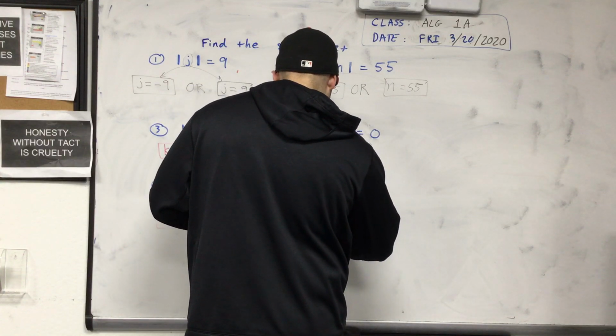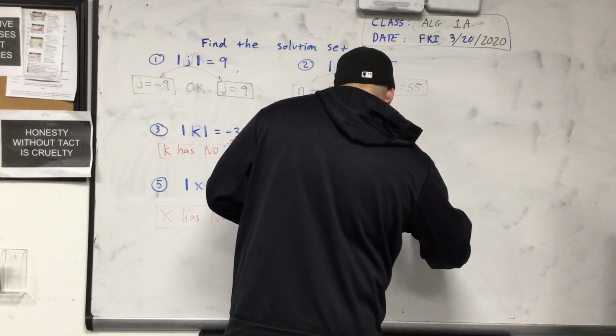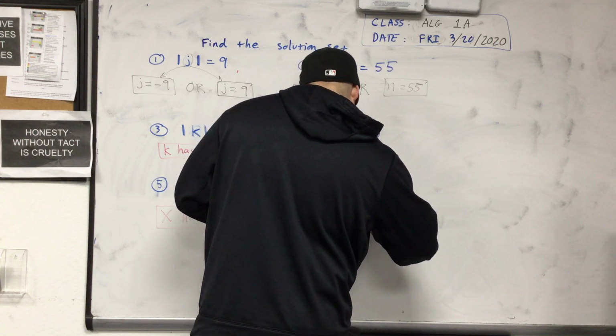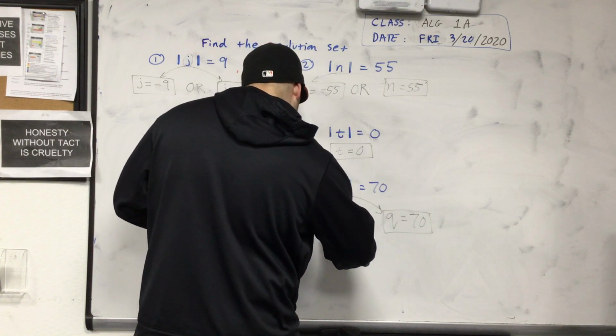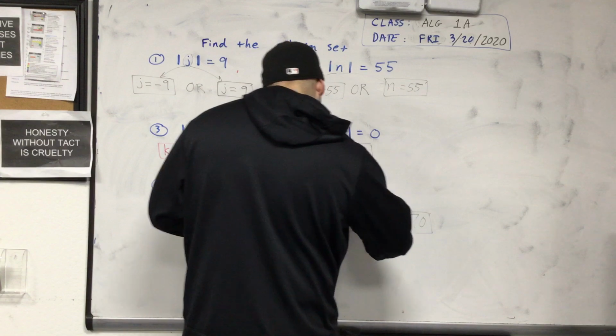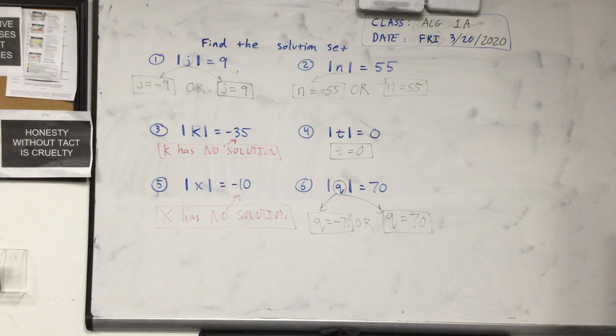So Q can go 70 steps forward, or Q can go 70 steps backwards. So therefore, Q can be equal to 70 or negative 70. Okay.